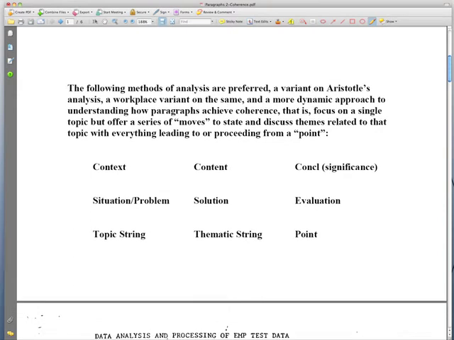And we prefer these because there's a variant here on Aristotle's approach, a workplace type approach based on Aristotle, and then the one that I really want us to focus on is a more dynamic approach to understanding how paragraphs achieve coherence. And remember, coherence means how the ideas develop, how they hang together in a coherent manner, which means you understand them intellectually.